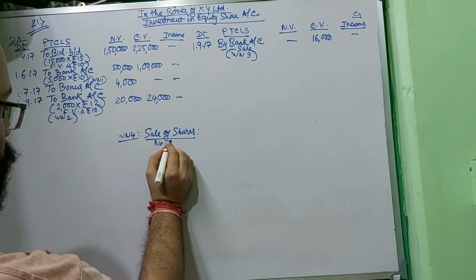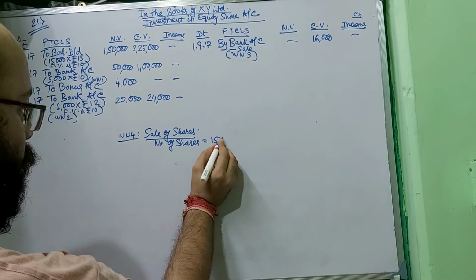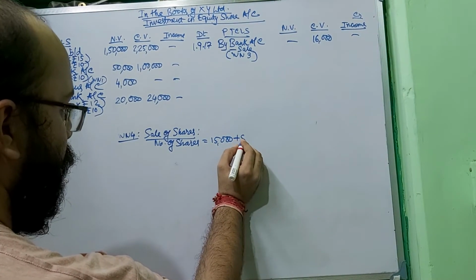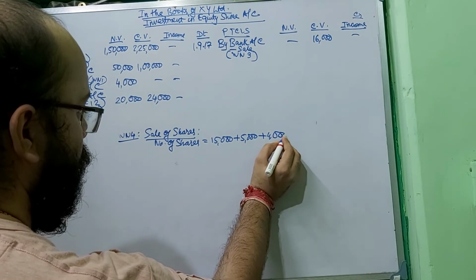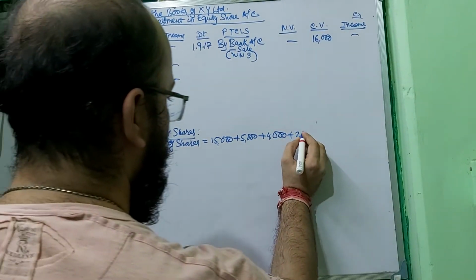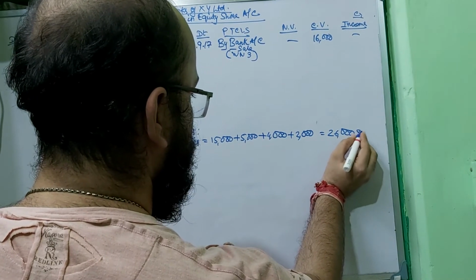Number of shares, you know that 15,000 plus 5,000 plus 4,000 and last is 2,000, right? So it is 26,000 shares.